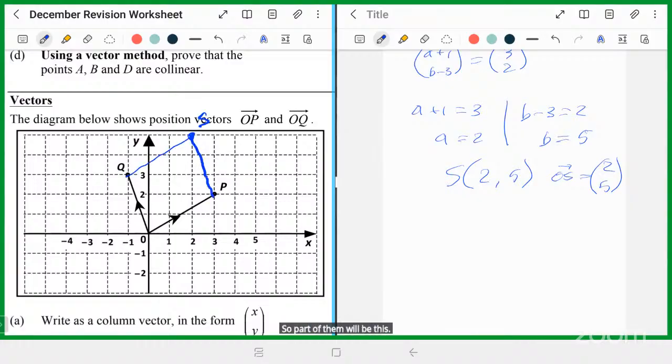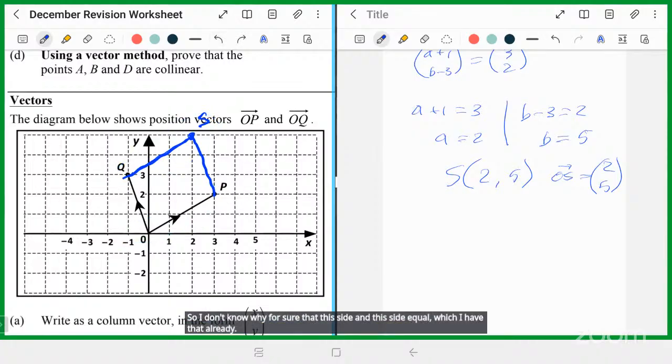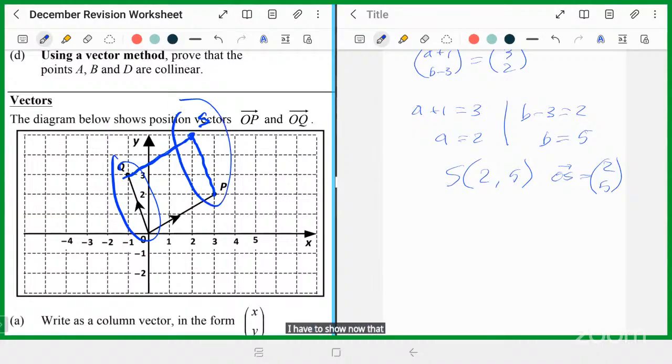So it's a parallelogram even on this diagram. Now we have to show that this side and this side are equal, which I have already. I have to show now that this side and this side are equal vectors.